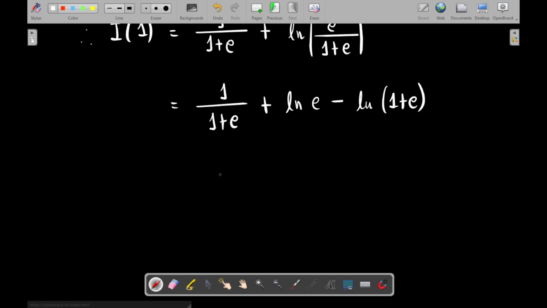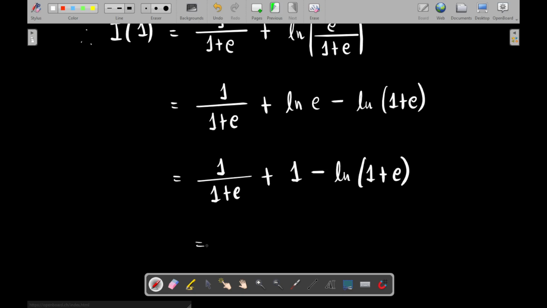Now ln e is just 1, so we have 1/(1 + e) + 1 − ln(1 + e), right? On taking the LCM in these two terms, we get 1 + 1 + e. So this becomes (e + 2)/(e + 1) − ln(1 + e).